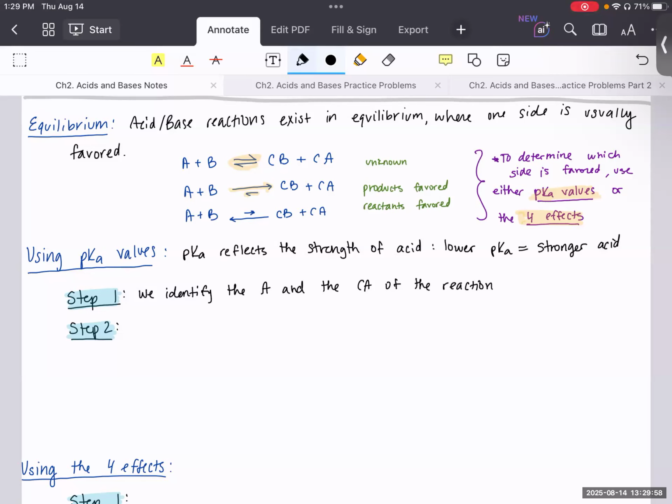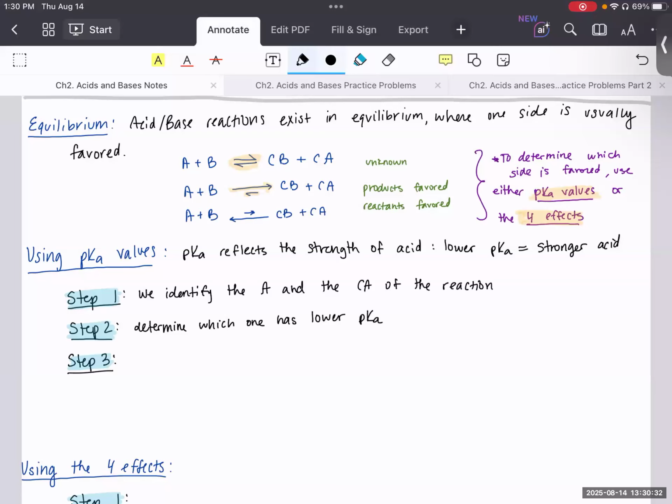And then in step two, we're going to determine which one has a lower pKa. So for this, we would generally need a chart or have pKa values memorized. Again, that's not always going to be available to you. There's not a good way to calculate the pKa without experimental data. All right, and then from here, we can use the pKa values to determine which side is favored.